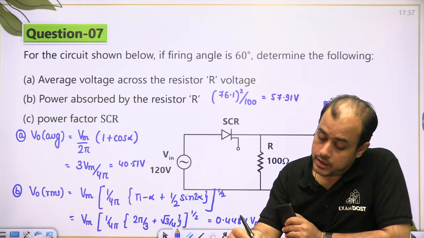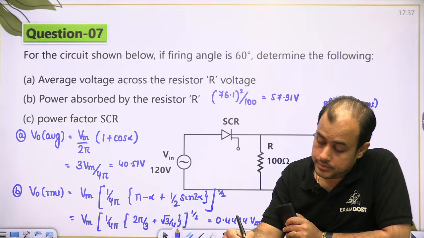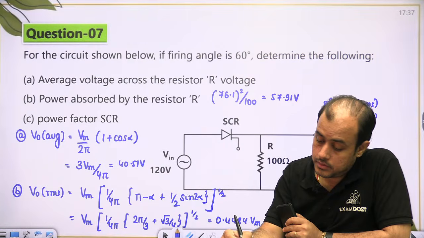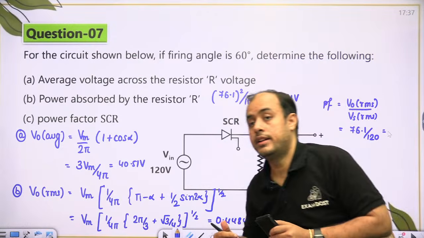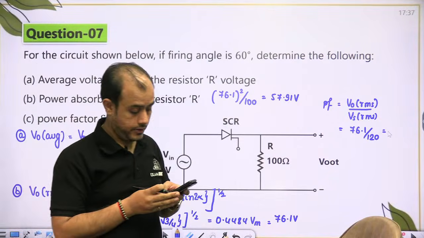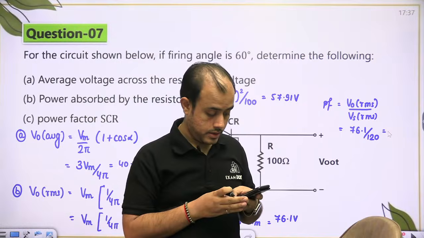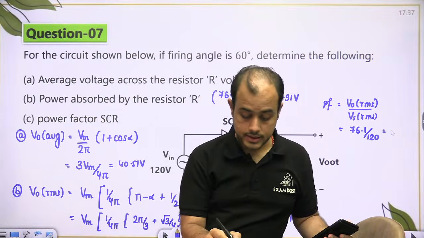Now beta, power factor, I told you for R load it is very easy. .1 upon 57.91. 76.1 by 120. 0.634.